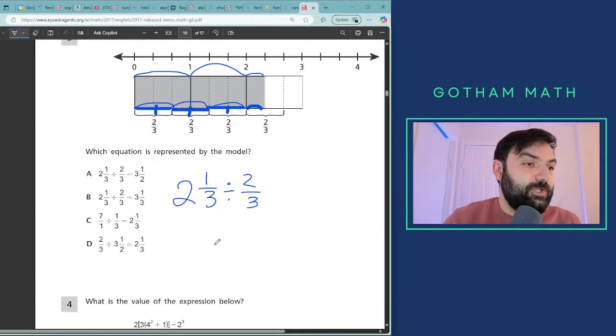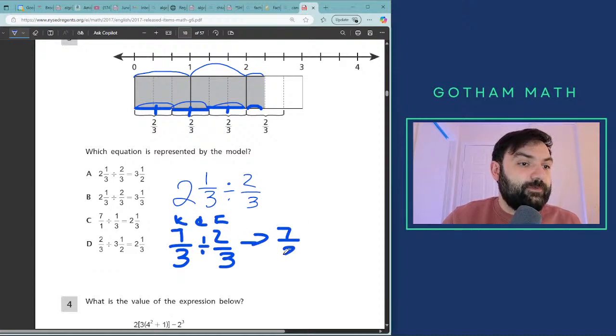You can actually do keep, change, flip over here. Convert: it's going to be 7/3 divided by 2/3. You have to do keep, change, flip to divide. So it's 7/3 times 3/2, and 3 and 3 is too juicy not to cancel.